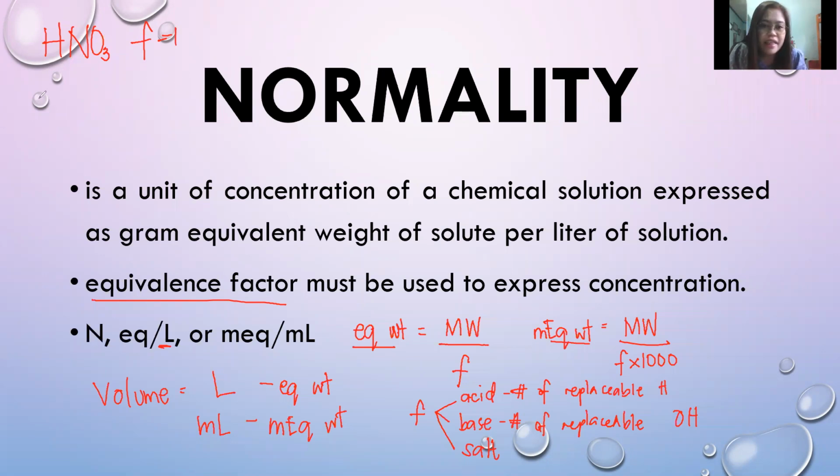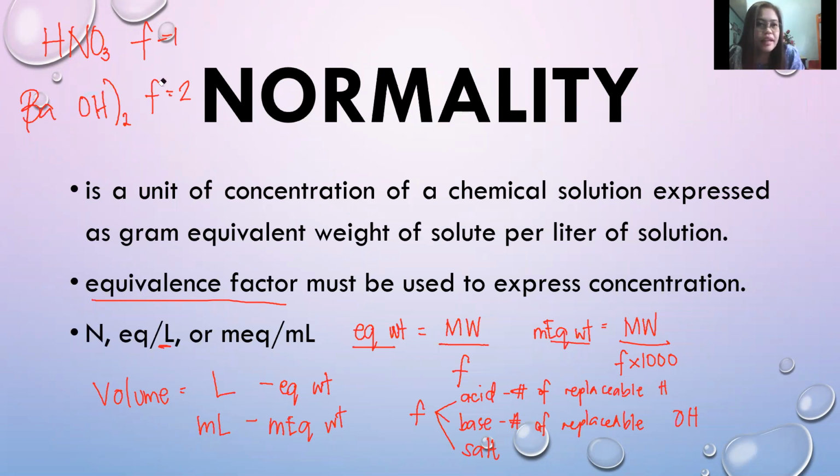And then another one, we have barium hydroxide. Since it has OH, you just count the number of OH. That's the subscript. So F is equal to 2. I hope that's clear for both acids and bases.